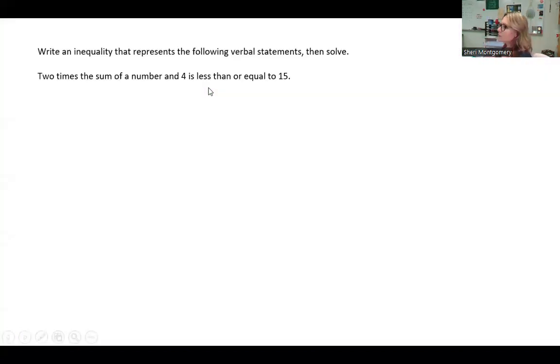Now we've got our very last problem. Who really likes the word problems? The few of you that did your homework, did you struggle with the word problems? Yes. Okay, well, you and everybody else. Here's the deal. They're not going away, so we have to do them. But here's how you do them.